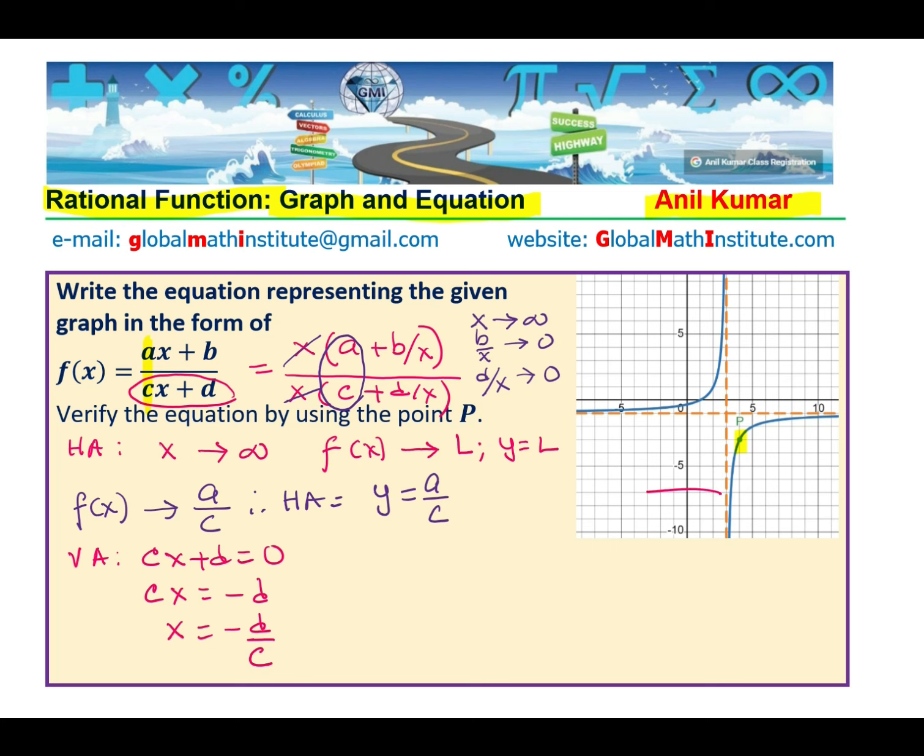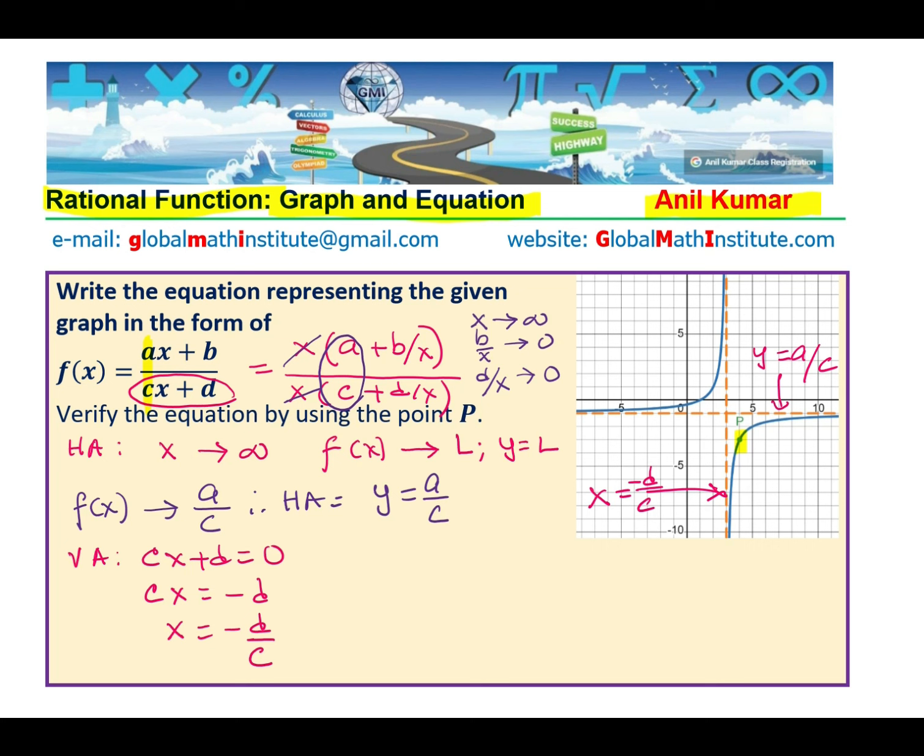So let me rewrite here. Vertical asymptote is x equals minus d over c, and horizontal asymptote is y equals a over c. Is that clear to you? So a over c is the value for the horizontal asymptote. Is that clear to you?